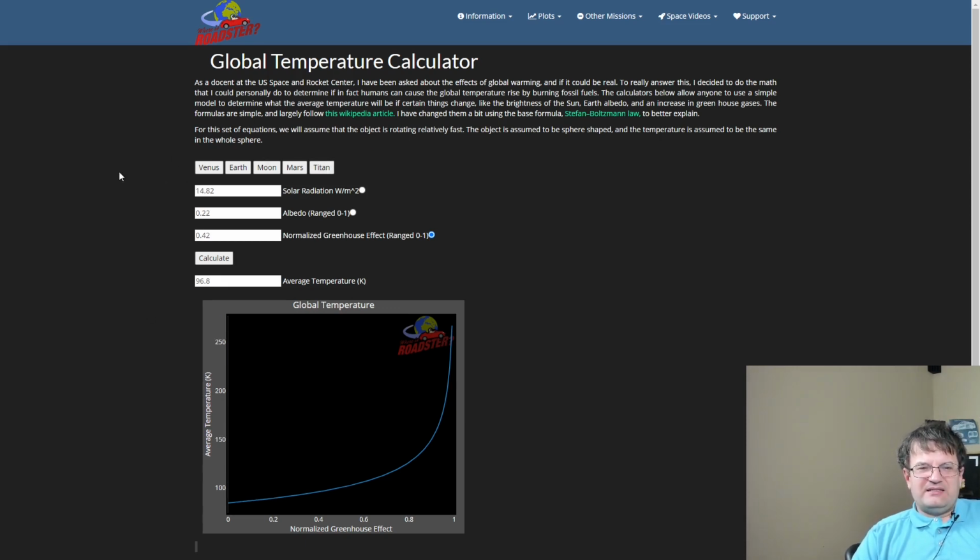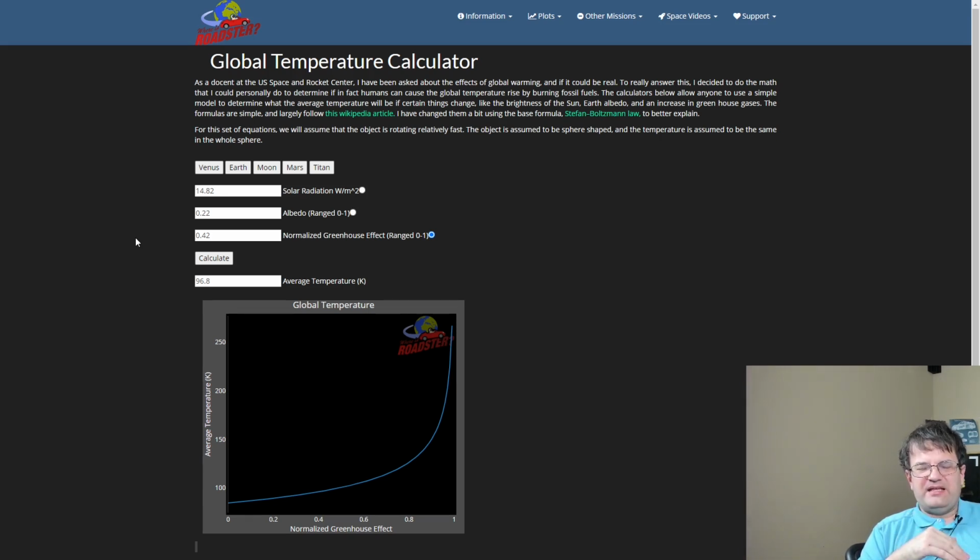And then the last one that's kind of interesting is Titan. Now, Titan's normalized greenhouse effect is a little bit weird. It actually has some materials in its atmosphere that act as an anti-greenhouse. So they will allow the heat coming from the sun to come in, but they'll actually reflect out the heat. So they're kind of the opposite of a greenhouse gas, which is kind of interesting.